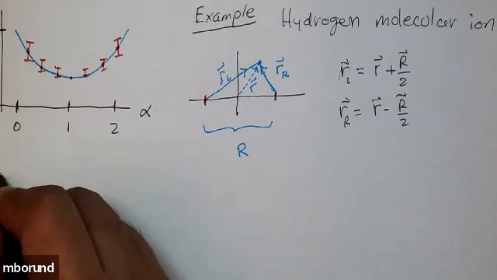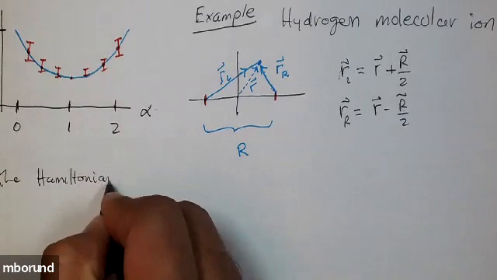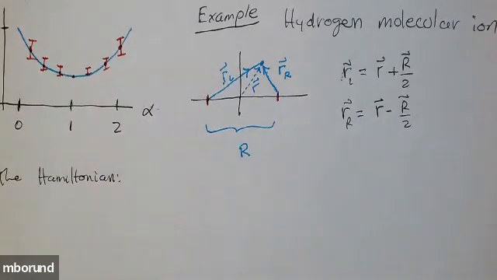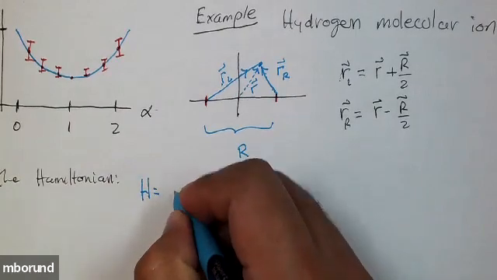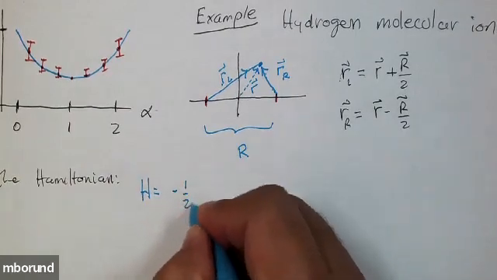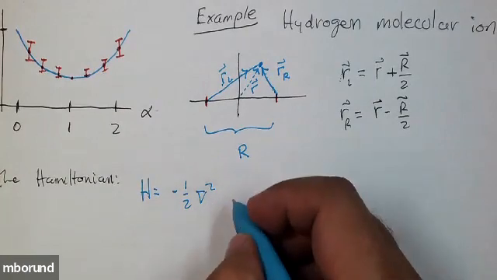So the Hamiltonian. We have a single electron, so it's a single particle Hamiltonian. So we have this term right here for the kinetic energy.